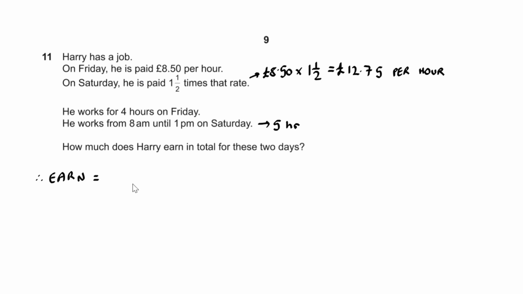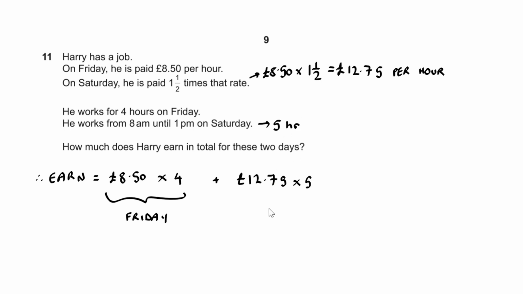well, we've got £8.50 on Friday, and he's working 4 hours on Friday. So here is the situation for Friday. And then on Saturday, we've got the £12.75 times by 5 because he's working 5 hours. So here is the situation for Saturday.